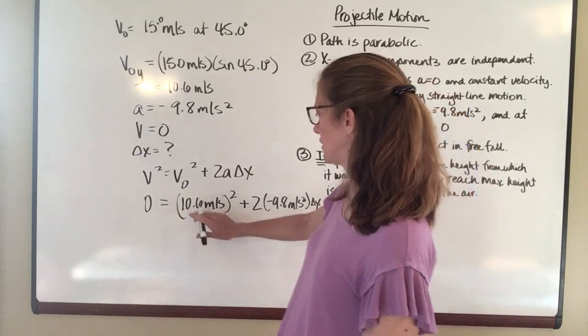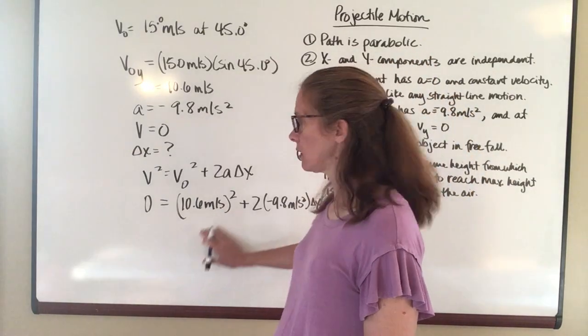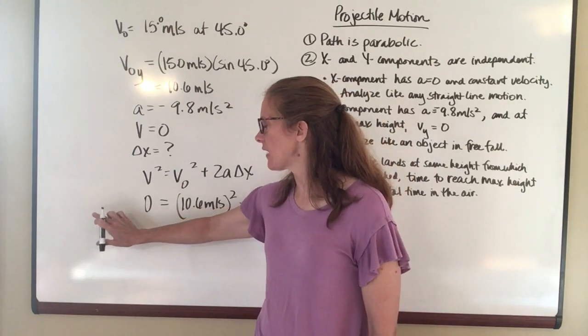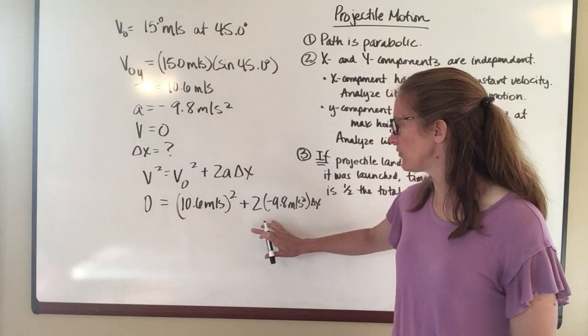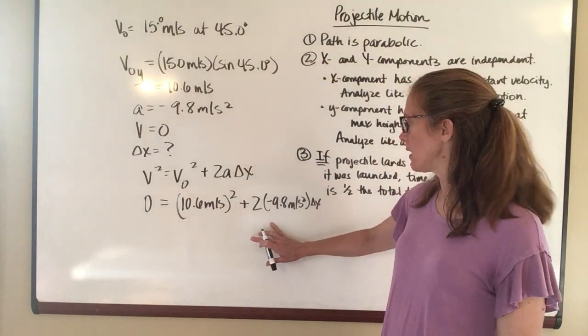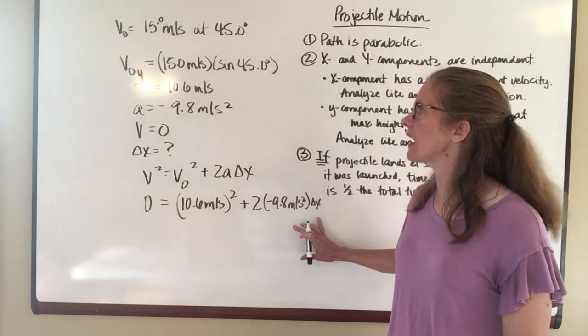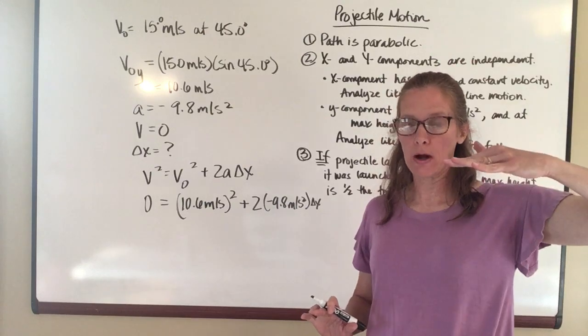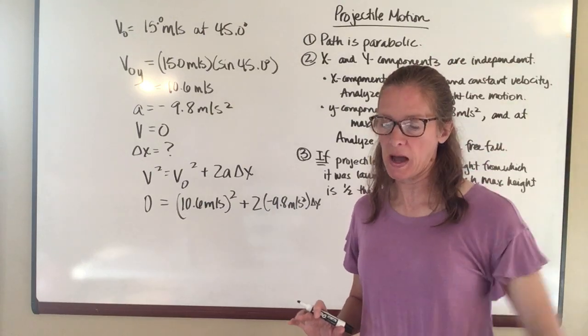And then when you solve this, you're going to take this, square it, and move it to the other side, at which point it becomes negative. Then you're going to have a negative here and a negative here, and those negatives will cancel out and give me a positive delta x, which is what I want, because I'm looking for the height that it rose from where it was launched, because I'm looking for maximum height.